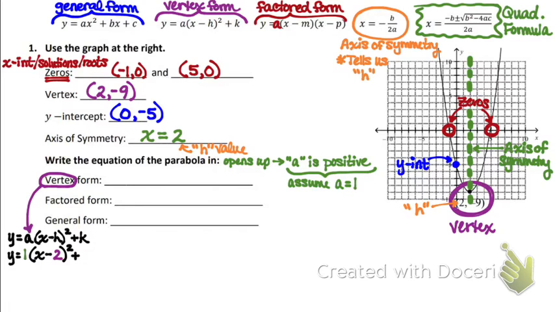Where's my k value? Negative 9. It's the other part of the vertex. This part right here is k. What operation is happening if I add a negative number? That is the same as subtraction.